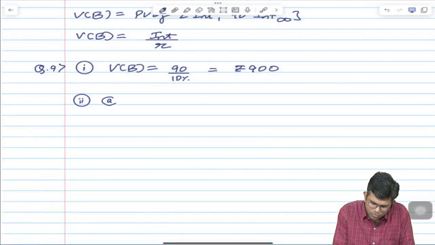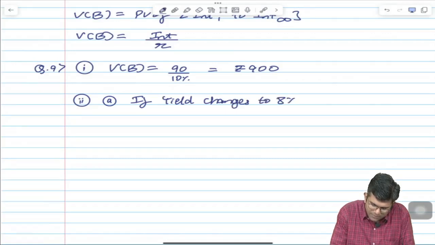Point number 2, point A. If yield changes to 8%, V(B) equal to 90 upon 8%.